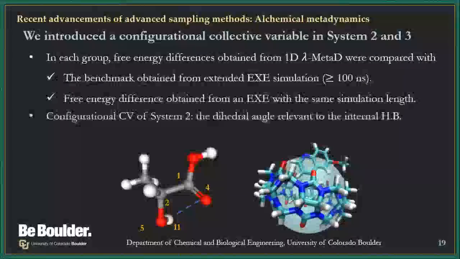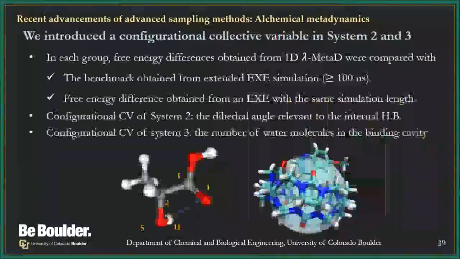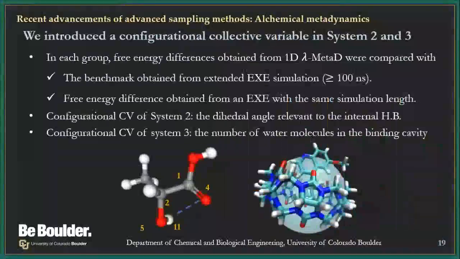In system 2, the slow degrees of freedom are the formation and the disruption of the internal hydrogen bond. So we introduced the dihedral angle relevant to the hydrogen bond as the configurational CV. On the other hand, in system 3, we introduced the number of water molecules in the binding cavity as the configurational CV, because, as I just mentioned, the motion of water molecules entering and exiting the binding cavity is typically the slowest degree of freedom for a binding complex.